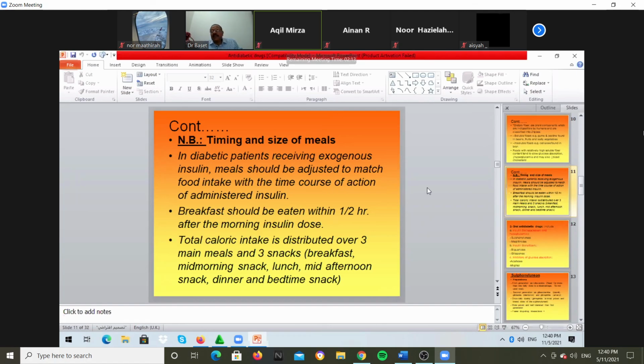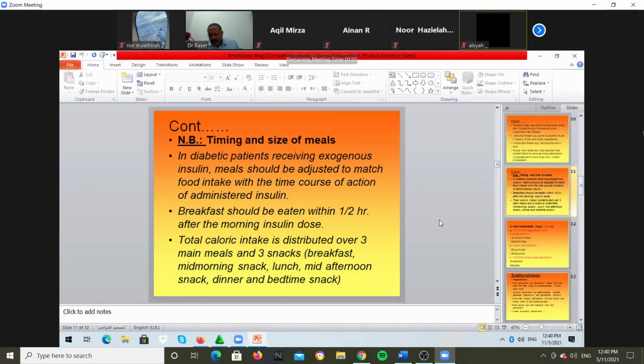Yes. What is the risk if hypoglycemia occurs during sleep? Death. May lead to death.